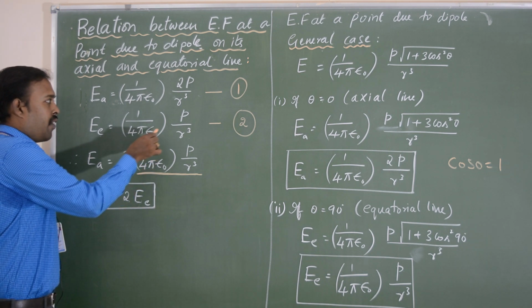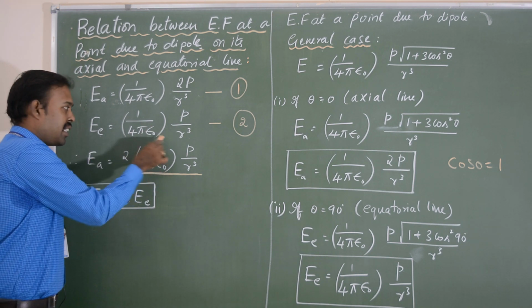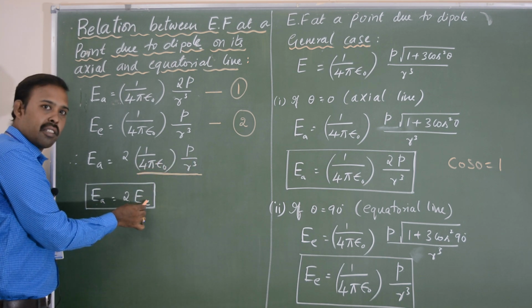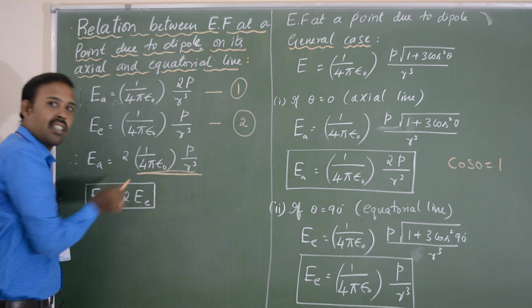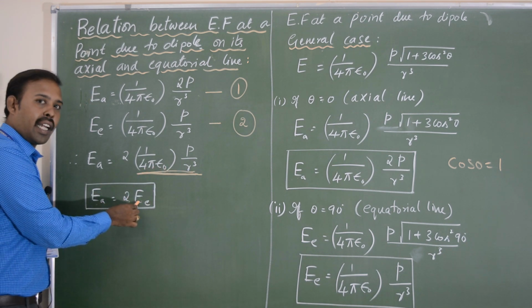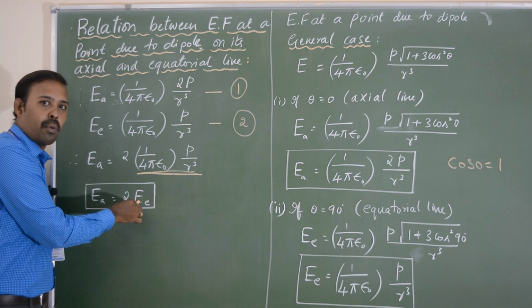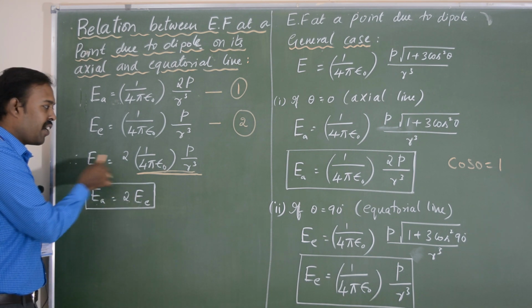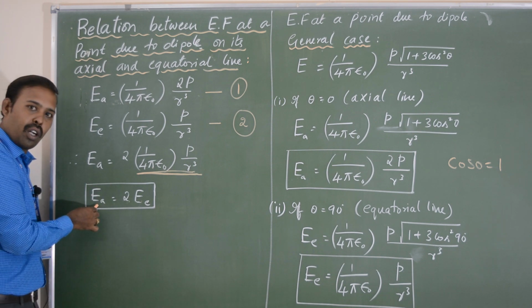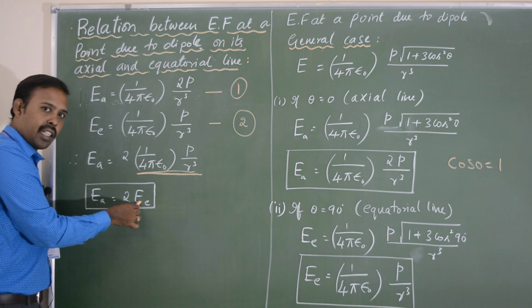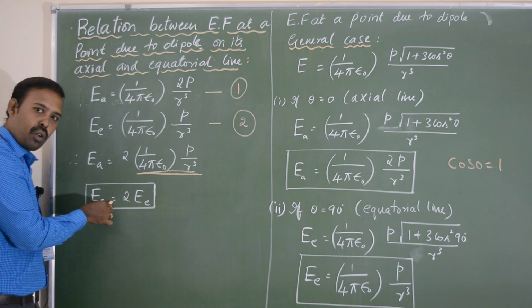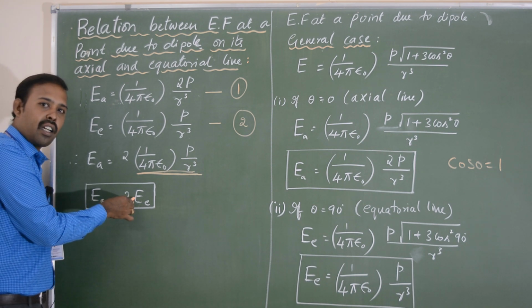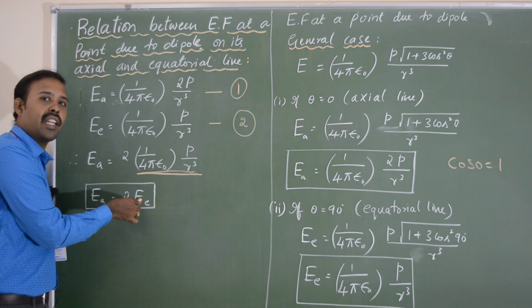So I will replace this by EE, keeping 2 as it is. So this equation reduces to EA is equal to 2 times EE, that is, the electric field at a point due to a dipole on an axial line is equal to 2 times the electric field at a point due to a dipole on an equatorial line.